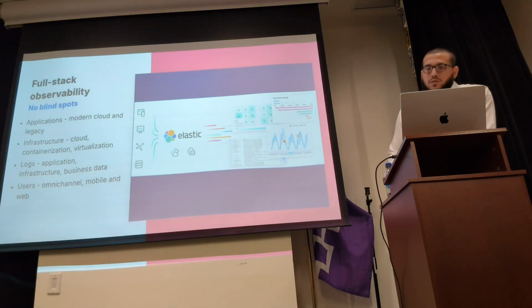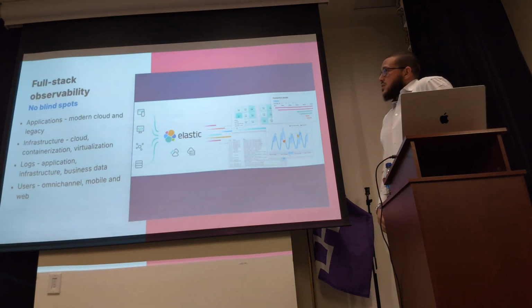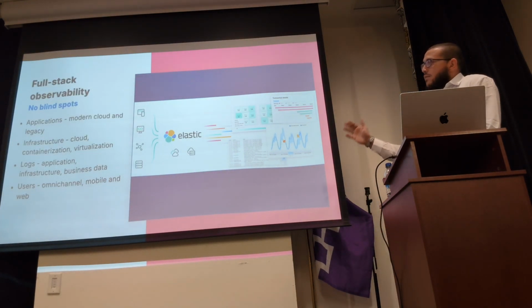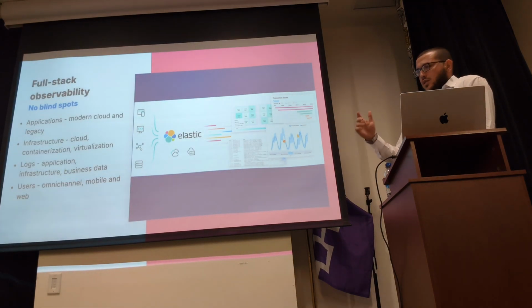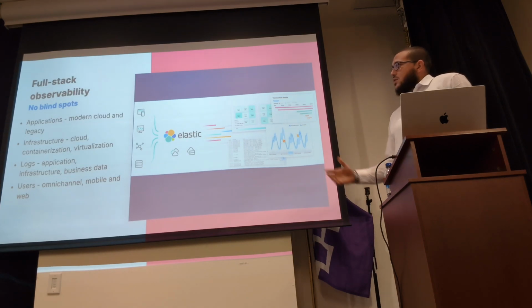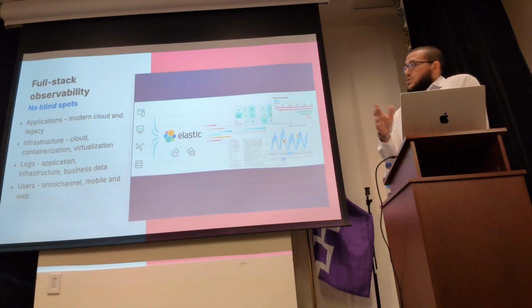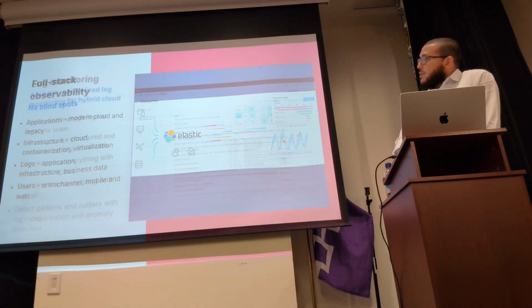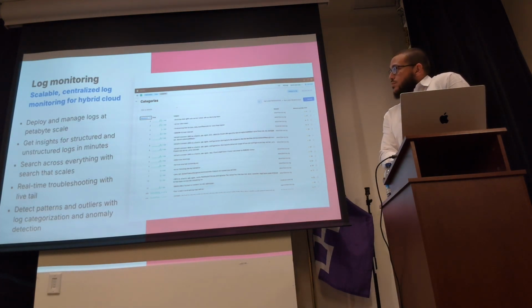So for observability, there is no blind spot. As I mentioned, you can collect logs, metrics, telemetries, and traces from everywhere, like from the infrastructure, or from an application, which can be a database or whatever that generates logs. You can ship the logs to Elasticsearch. If you also want to get the traces from the application, we can use APM, application performance monitoring.